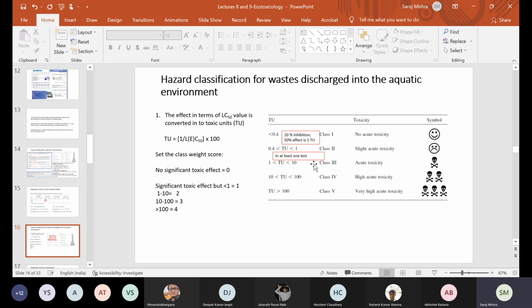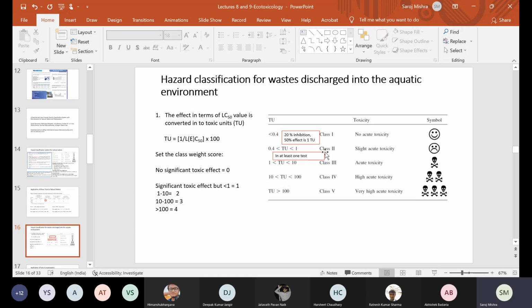And accordingly, the hazard classification is carried out. If the numbers are less than 0.4 TU, then it is assigned as class 1. If the toxicity units are between 0.4 and 1 in at least one test, then it is classified as a class 2 water body, and so on and so forth.